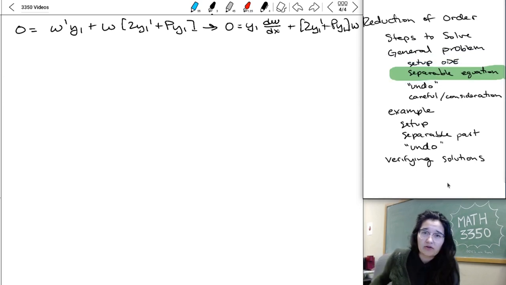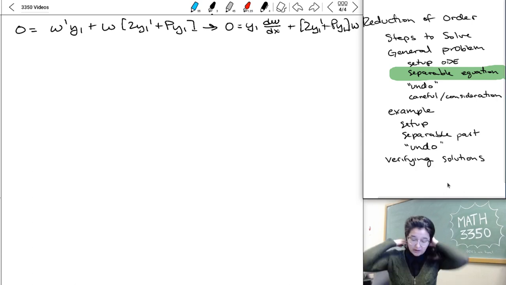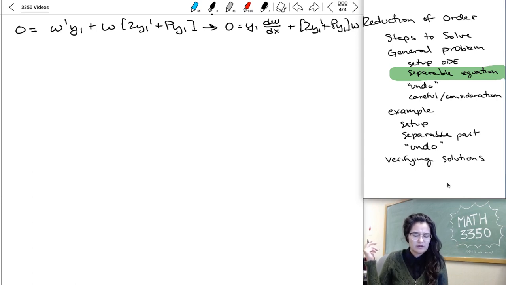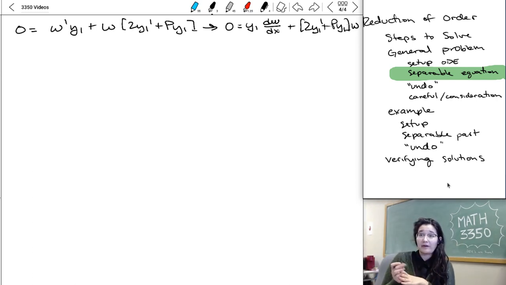In this section, you'll usually be able to also use linear. Actually, you will always be able to use linear. I can't think of a reason you wouldn't. We're going to do separable because I like it more. But this is a separable equation, and we're going to solve it as such.